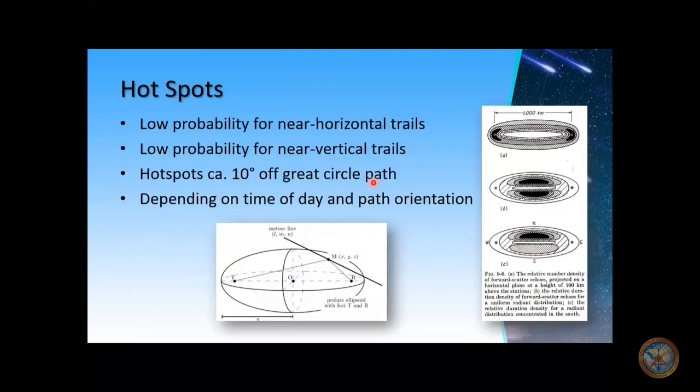The reason is there's a low probability for near horizontal trails, so those are flat on top of your ellipsoid, because meteors going that way either wouldn't go into the E layer, or they would be forced off it at the top. Yeah, scoot off. So those are rare, and also near vertical trails.